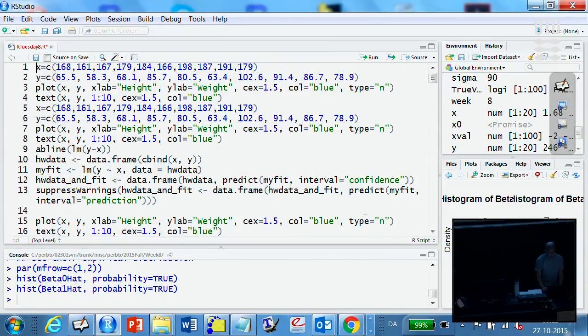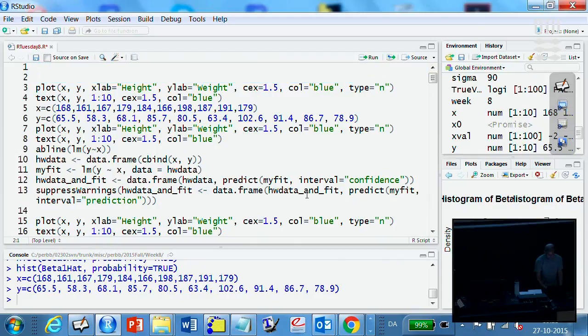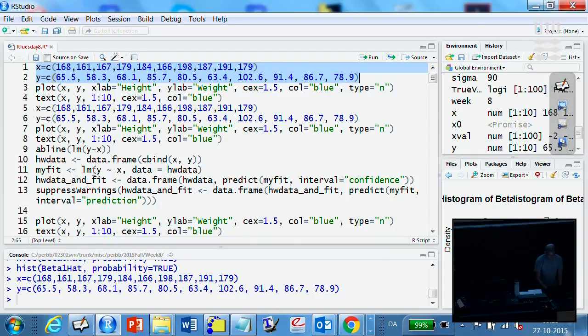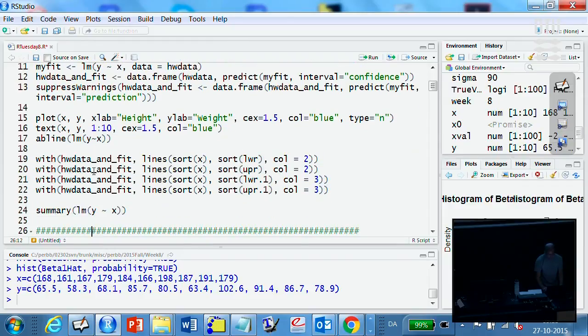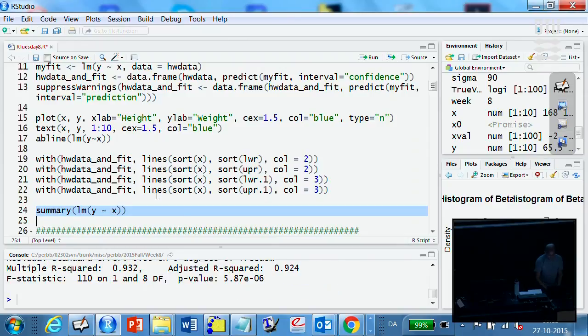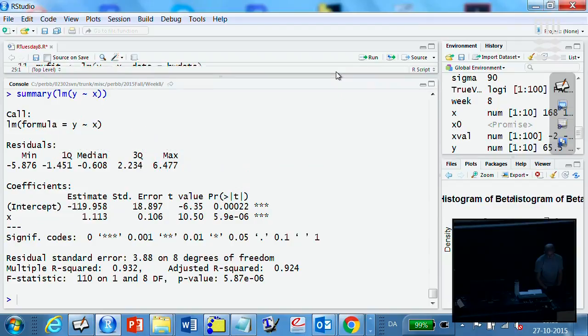Let me go up in the beginning, and I do my height-weight thing. Let me just look at the result here.